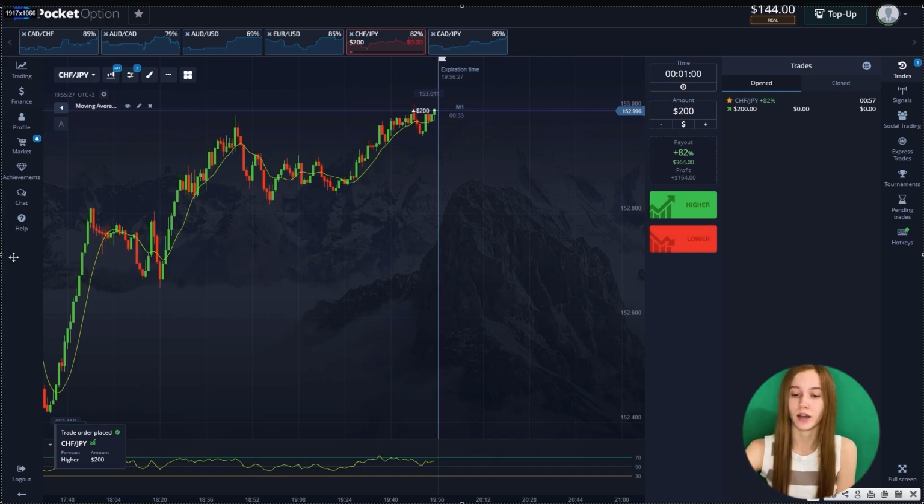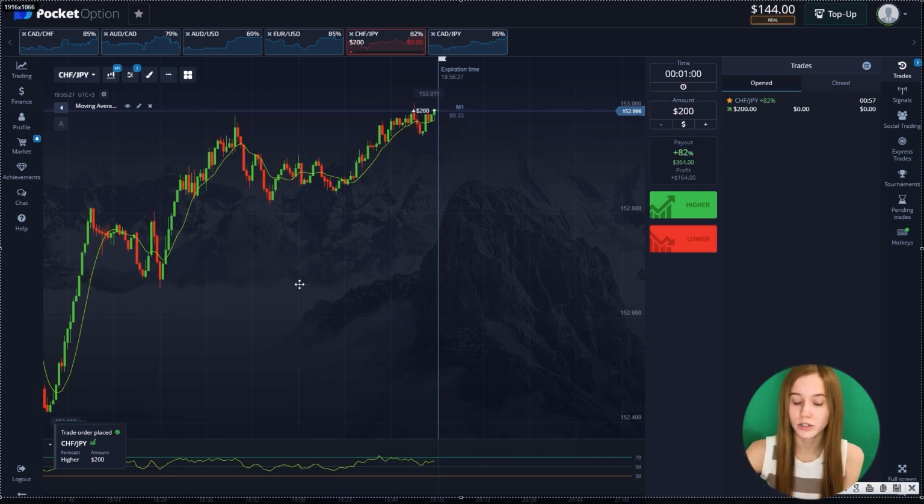And if we look at our first indicator, moving average, we see that we also have this moving average directed slightly upward. RSI, the same situation. We also have our line to the upper position, to the overbought zone.